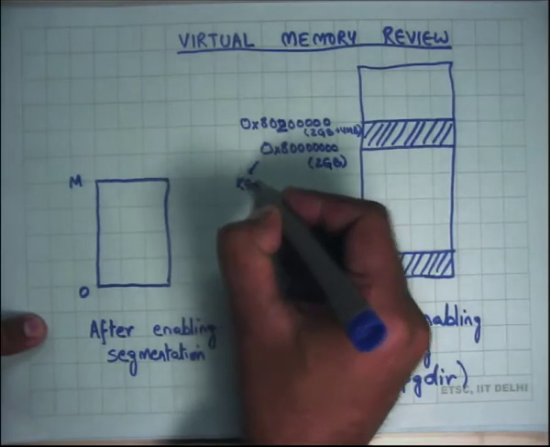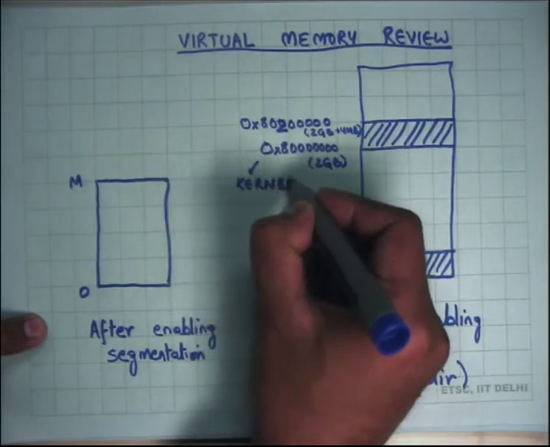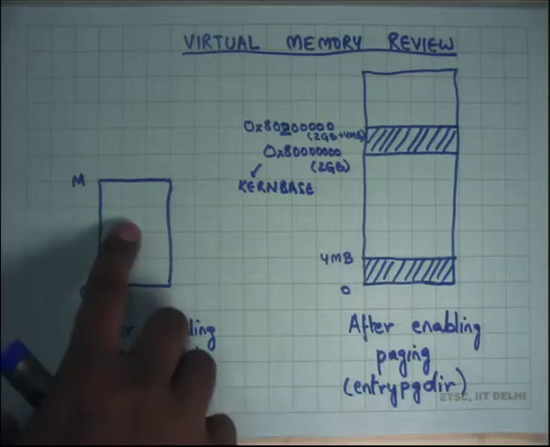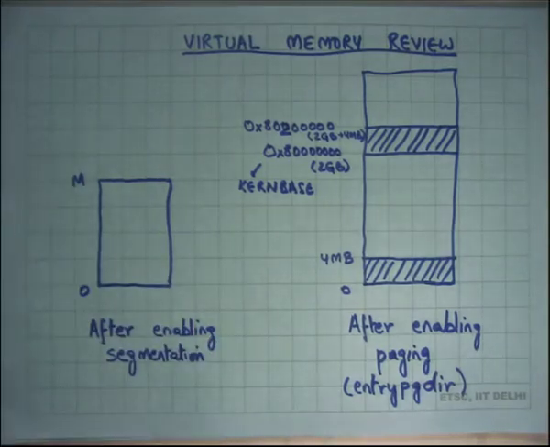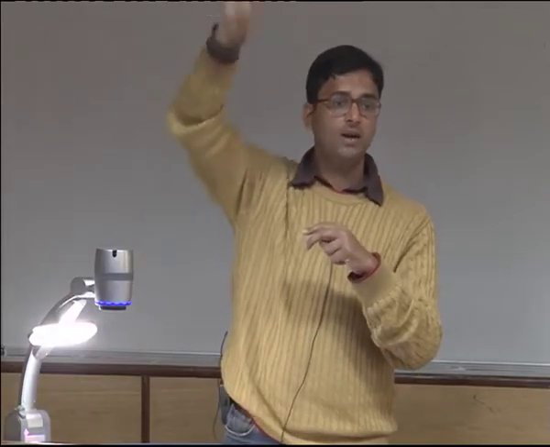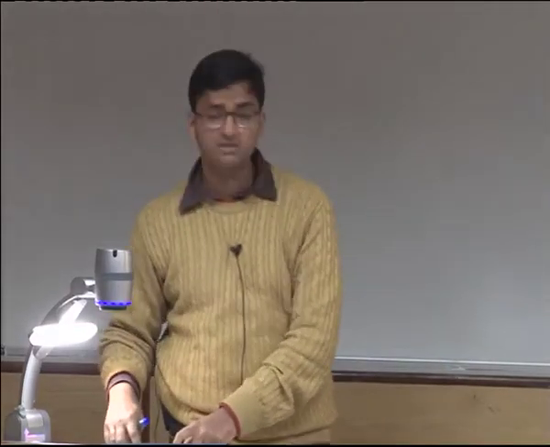In our code, this is called the kernel base, right? So all the symbols in our image have addresses above KERNBASE, or above 2 GB. So anytime I dereference a symbol within my kernel code, I am going to be trying to access a region above 2 GB. But in this address space, it's not possible, right?